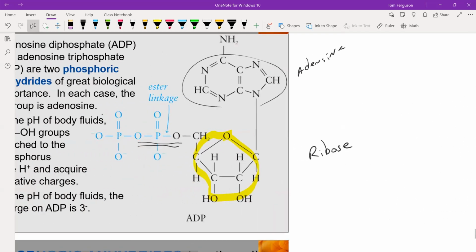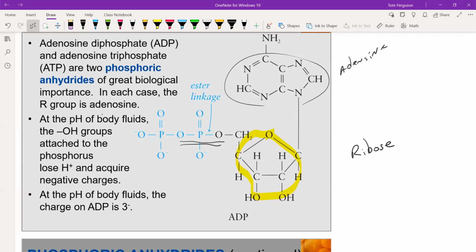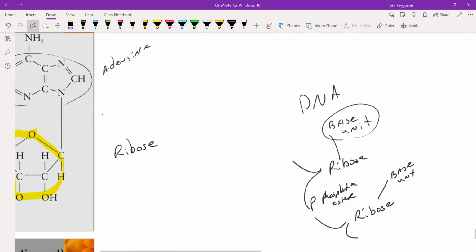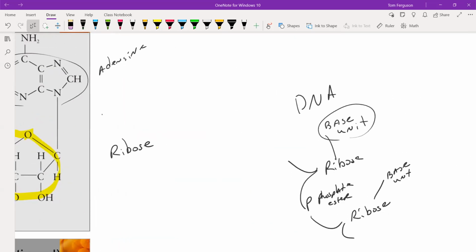We have things like ATP, ADP, DNA, RNA, all stuck together with a simple sugar ribose and phosphate esters. So when you get into DNA replication with the tRNA, the mRNA and stuff, what it's doing is either forming or breaking these phosphate esters.